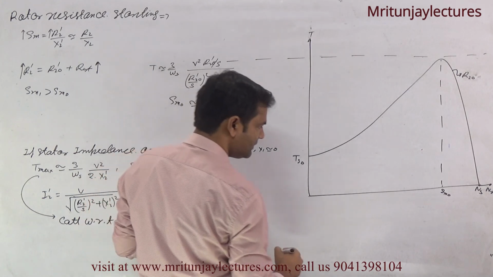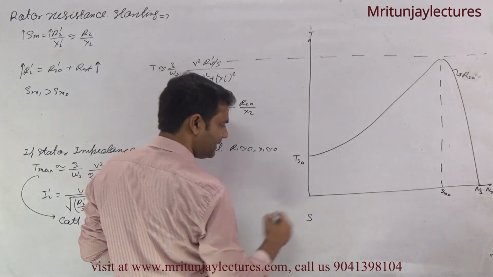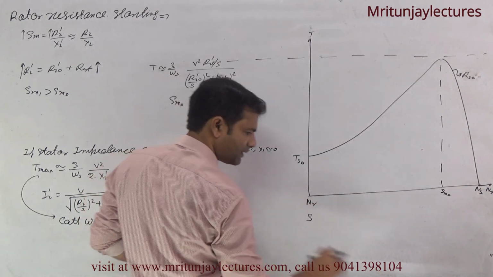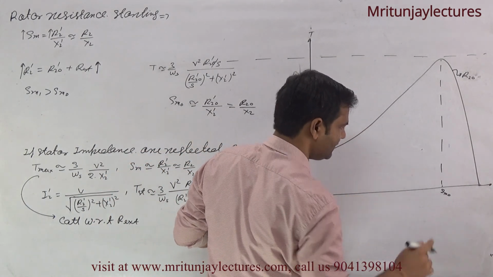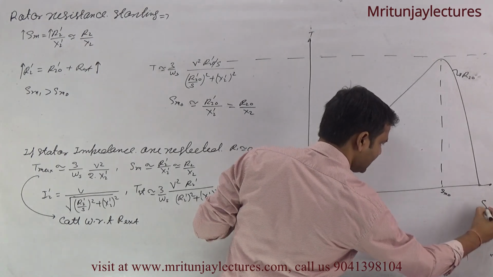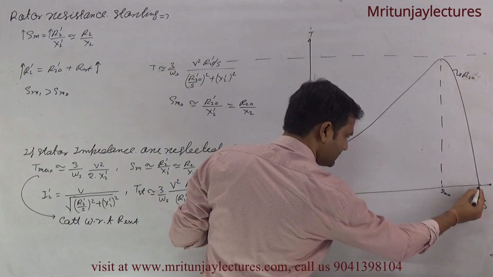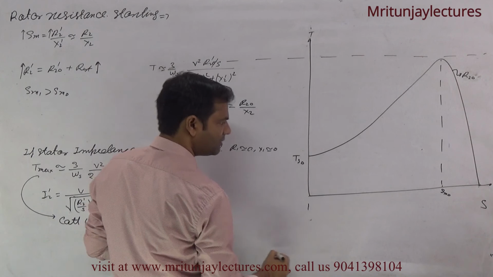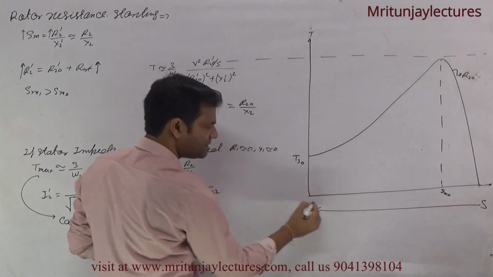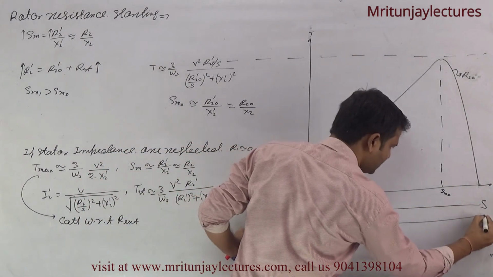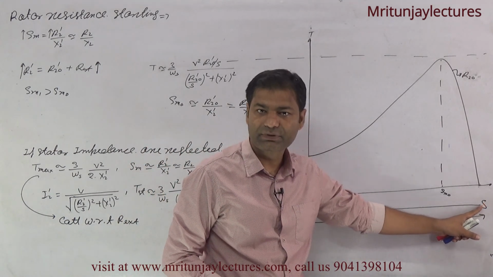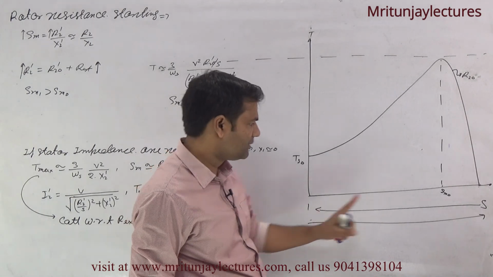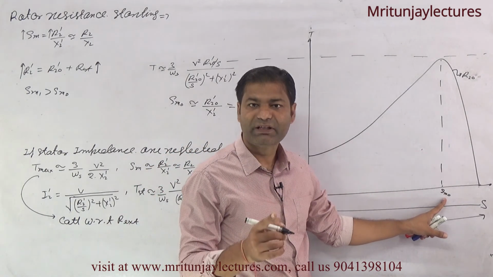I know that there is slip and speed NR. Plotting slip from 0 to a maximum of 1, you know that as slip increases, rotary speed decreases. So SM0 is like this. What about SM1?